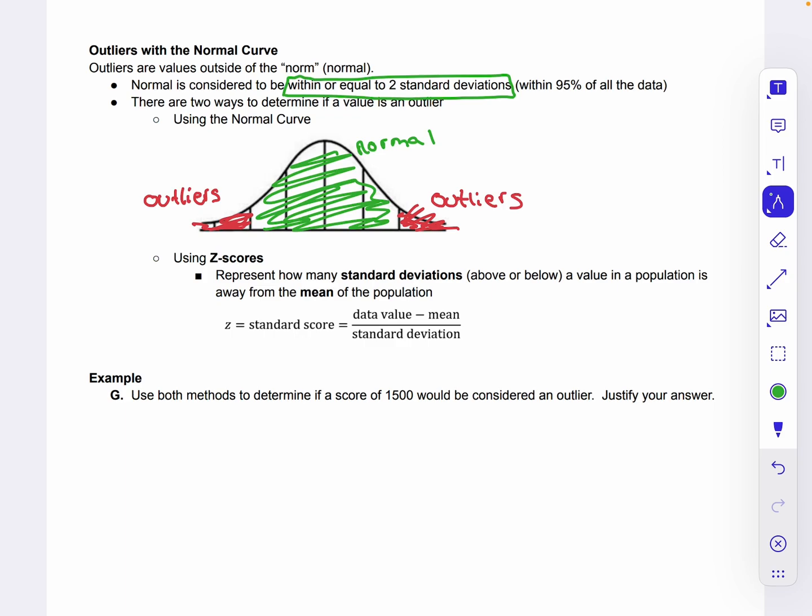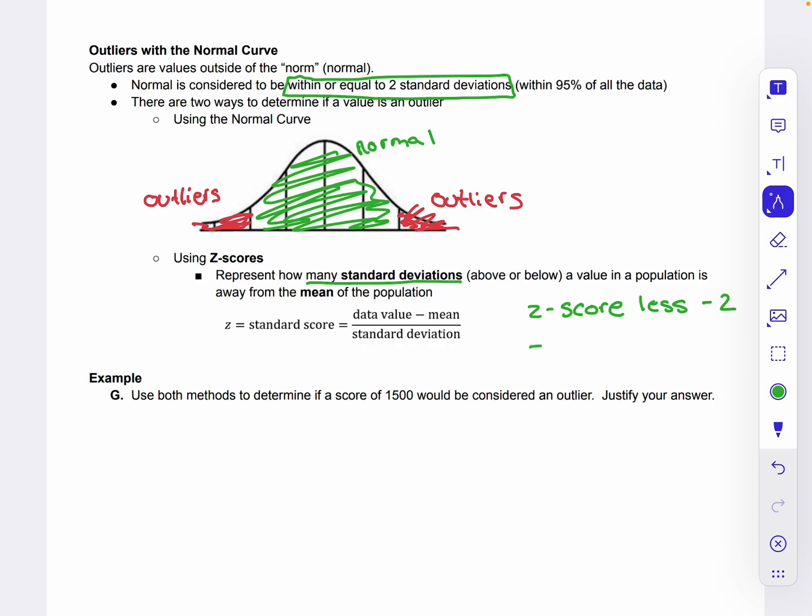Great. But let's say I don't have a full normal curve shown out. I can use something known as a z-score. What a z-score does is it tells you how many standard deviations above or below the mean a value is. So if your z-score is less than -2, like -2.5, that would tell me that my data point is 2.5 standard deviations below the mean, so it would be an outlier.